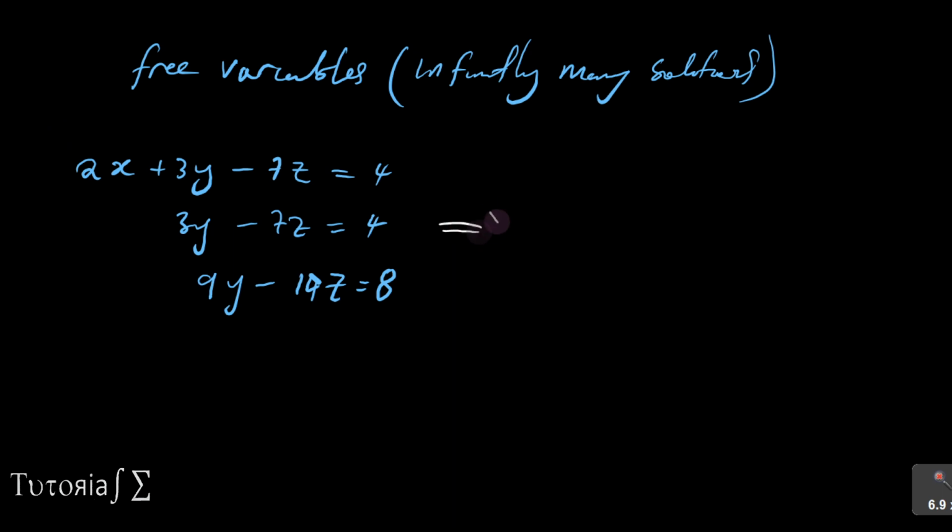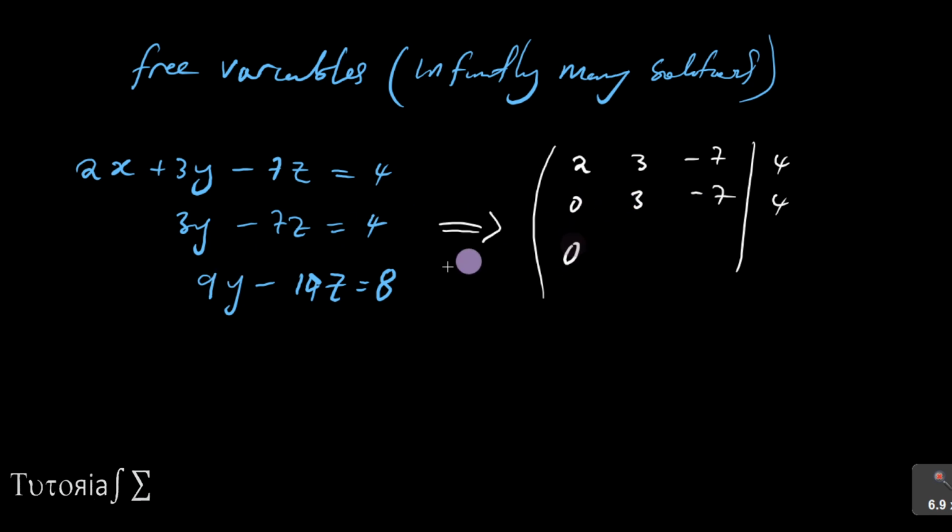Then from here, you convert this into a block matrix. So we have 2, 3, negative 7, 4. Then in the second equation, we have 0 on the x, 3 on the y, negative 7, and 4. Then we have 0 on the x, 9 on the y, negative 14, and 8 here.